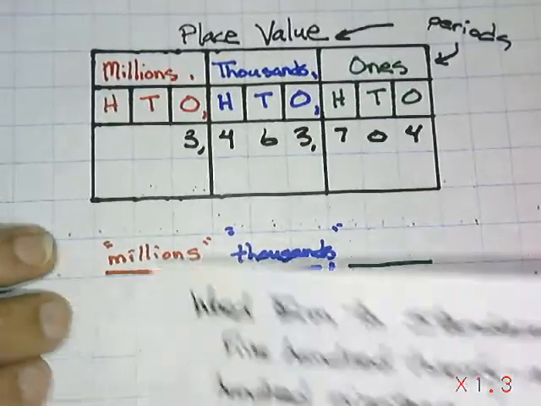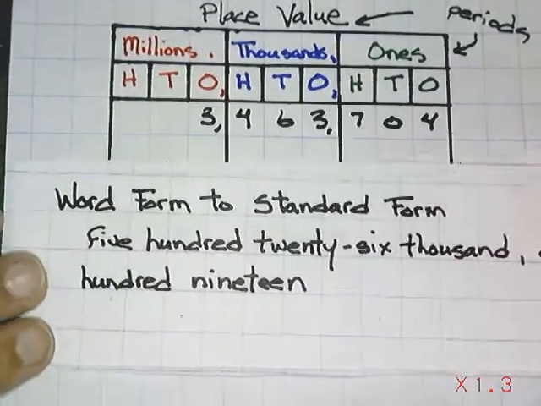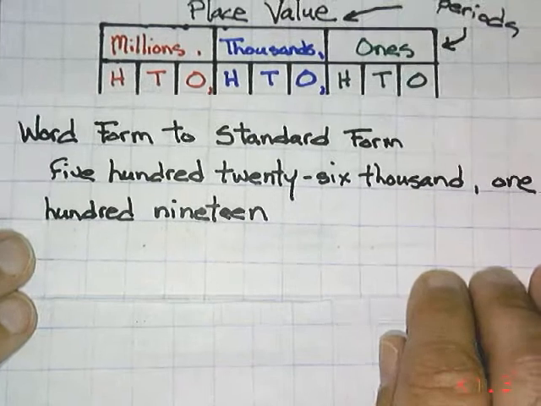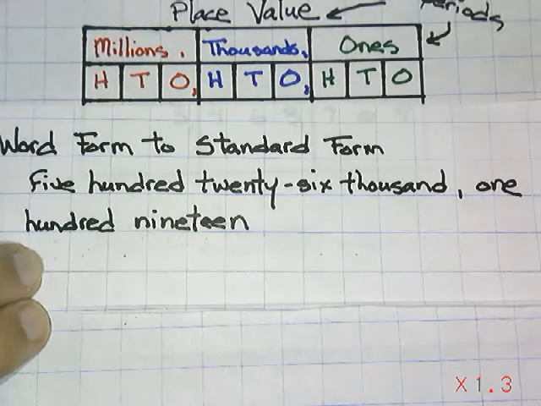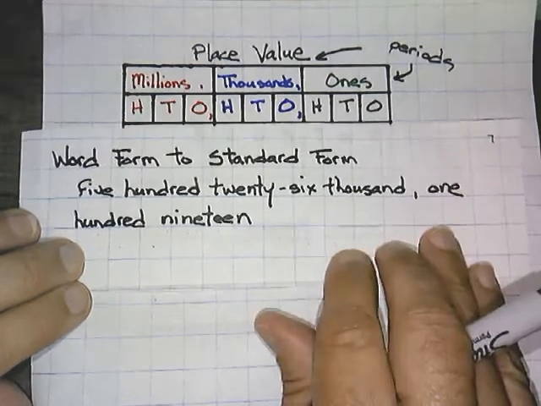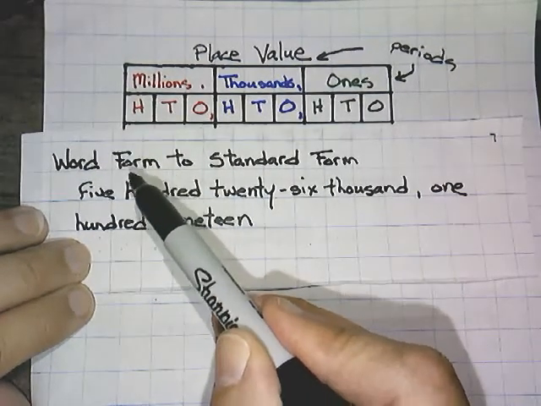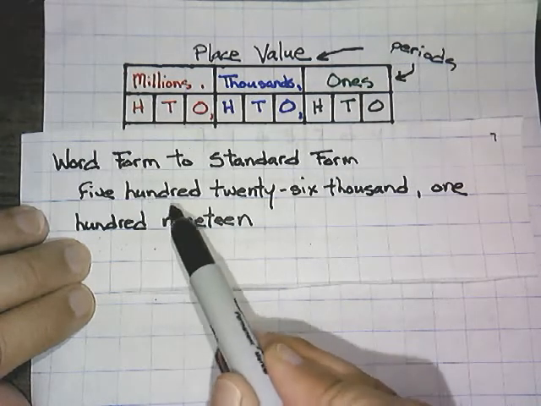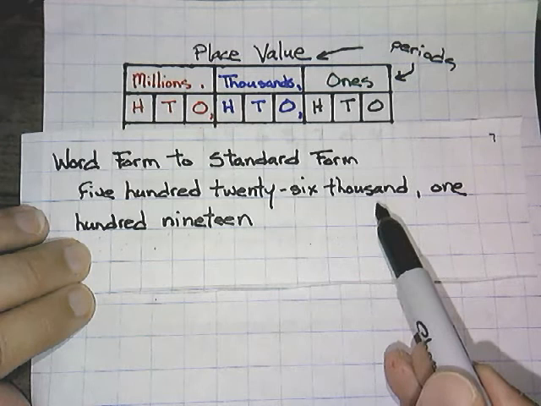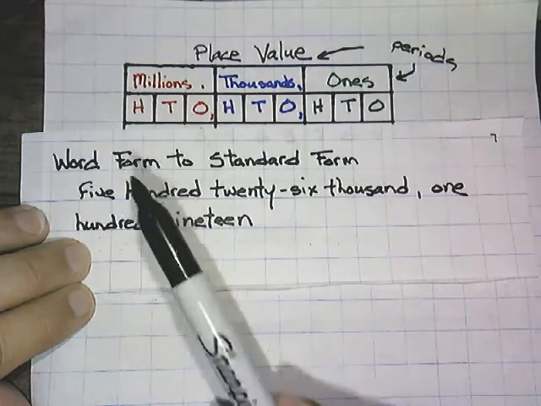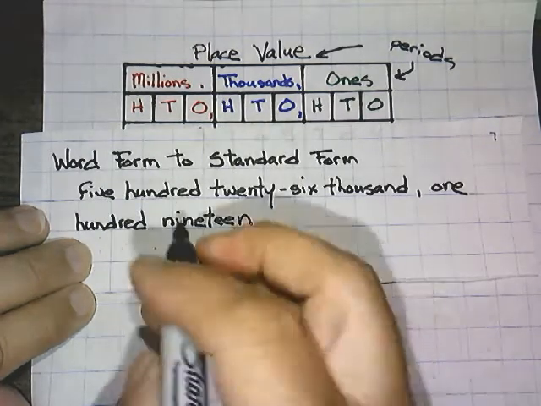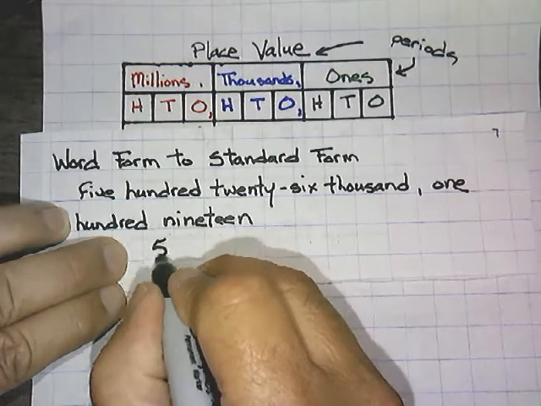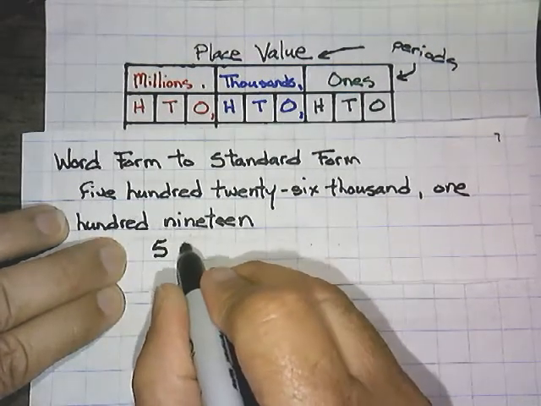Now, let's do two examples where we're going to go from word form to standard form. Oh, let me see if I can back out there just a bit. Sorry about that. I'm still getting used to making these. There we go. So this time we're going to go from word form to standard form. We have five hundred twenty-six thousand, one hundred nineteen. So thousand means I'm going to be in this period, and I'm going to start with 526.